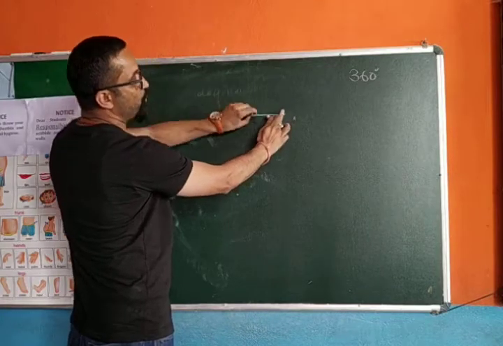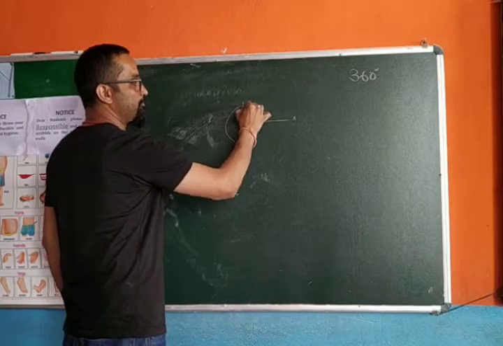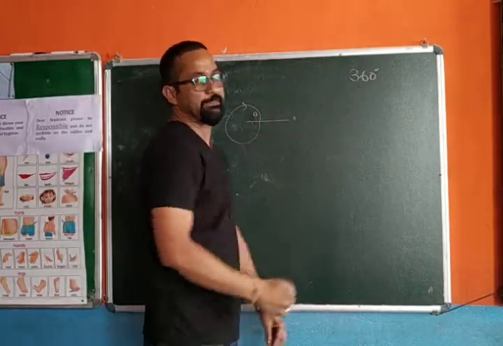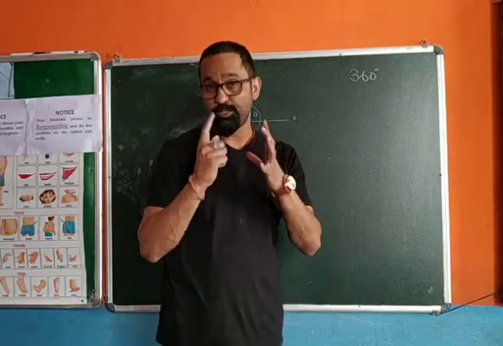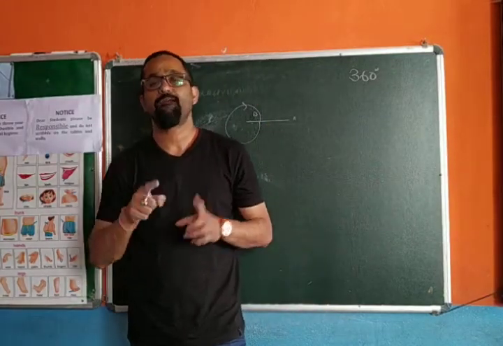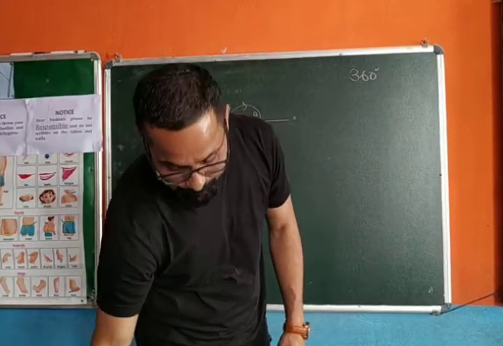One complete rotation gives us 360 degree. So the angle due to one complete rotation of a ray is always 360 degree.